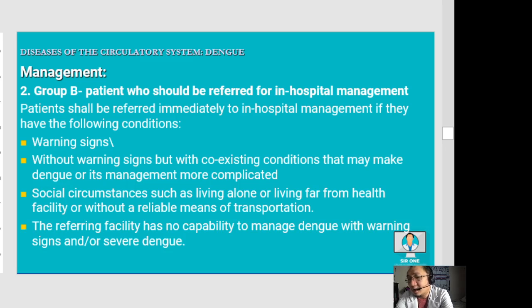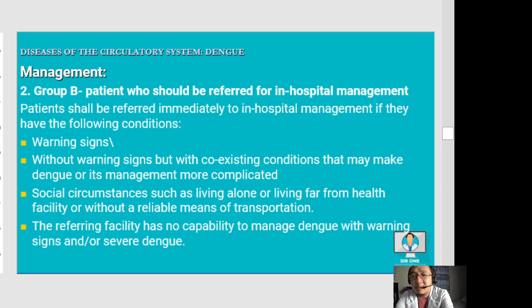So let's say there may be a chance that the condition worsens, but the patient lives in a far area, so it's better to keep them in the facility and observe them. The referring facility has no capability to manage dengue with warning signs or severe dengue. Okay, that's one of the conditions.